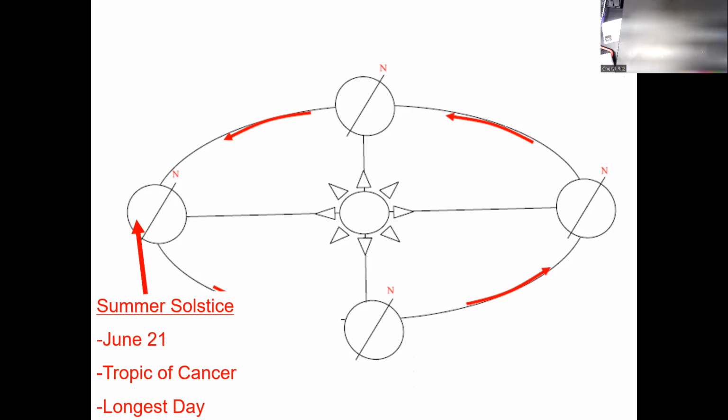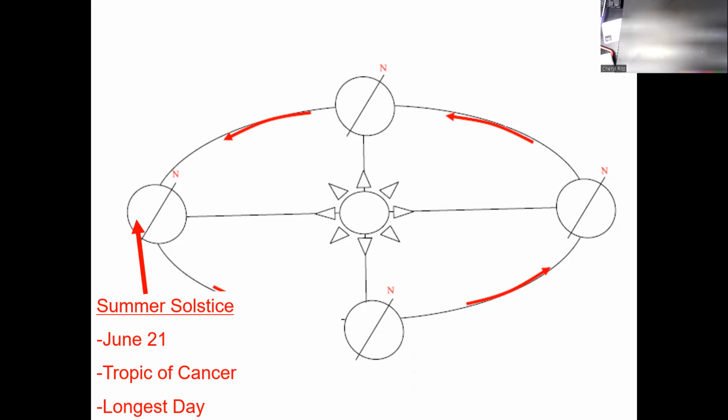So us in North America, Europe, Asia, Japan, China, they're all like us. But then for the Southern Hemisphere, so South America, parts of Africa, Australia, Antarctica, it's all opposite.